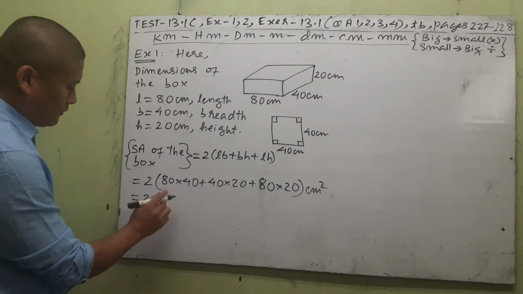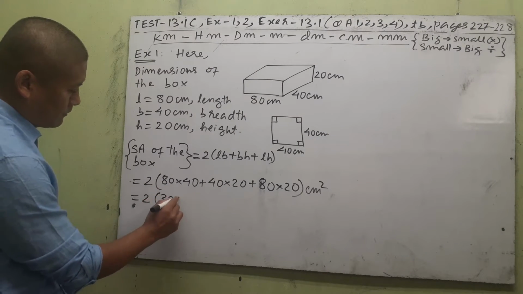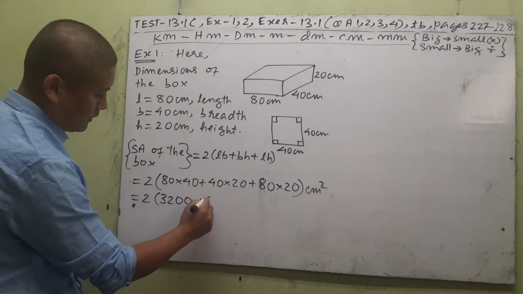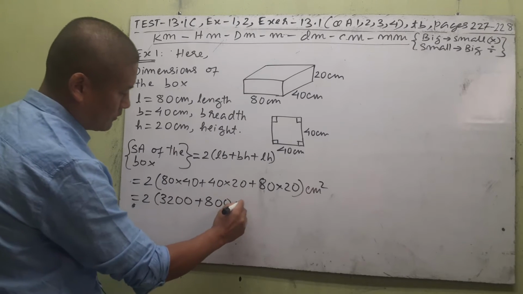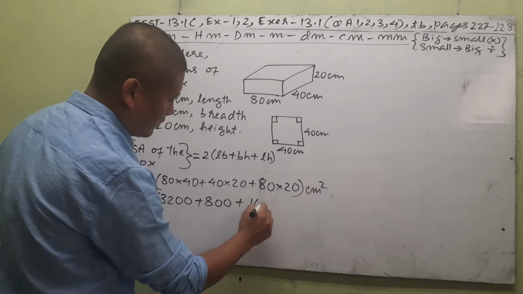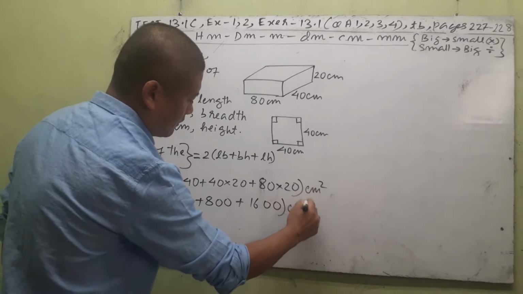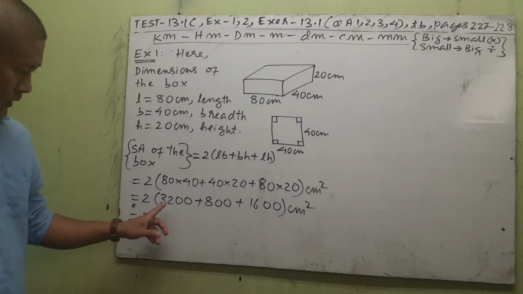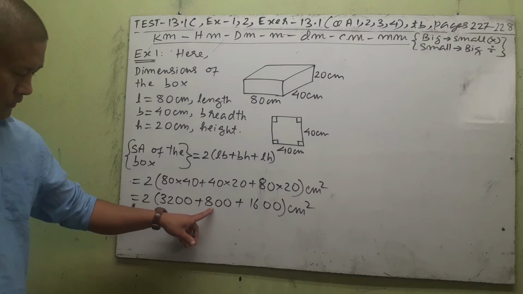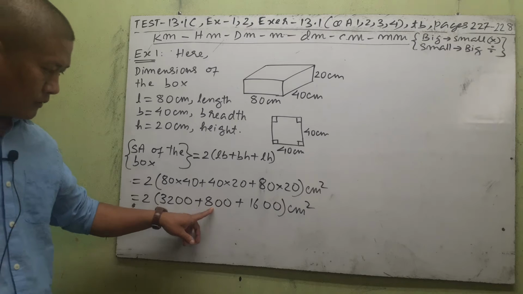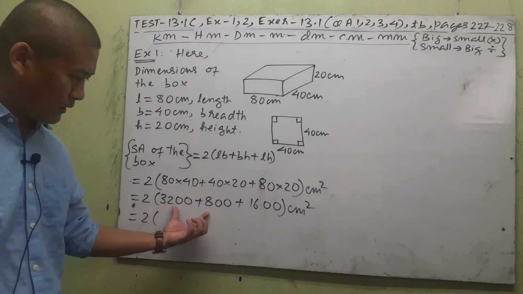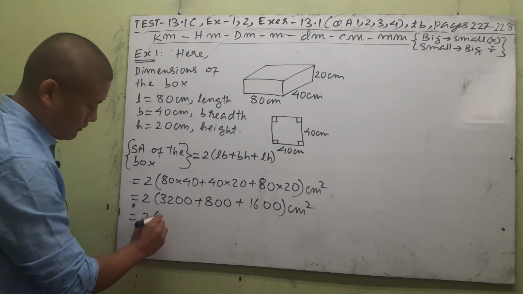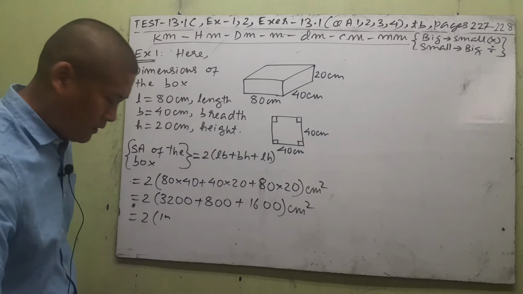So 2 into 8 fours are 32, with 2 zeros, so we put it there. 4 twos are 8 and double 0 because of these 2 zeros. 8 twos are 16 and double 0. So this is what we're getting. I think this is not hard to add. 3200 plus 800 is 4000, common sense also we can add, right? Then 4000 plus 1600 means 5600.